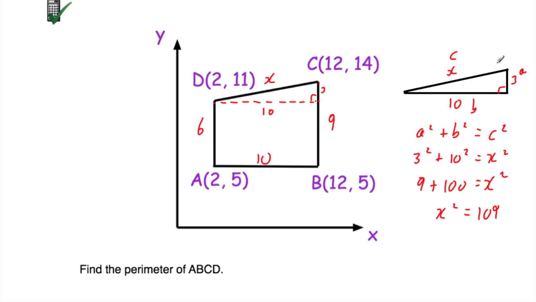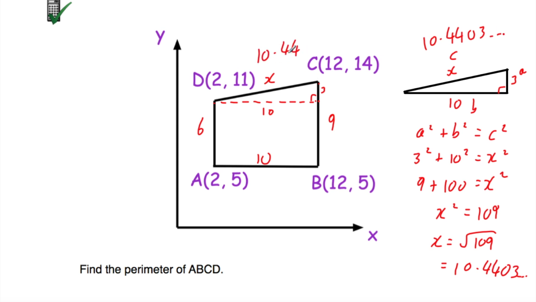So this side squared is 109, so that means that X is equal to the square root of 109. And if we square root 109 on our calculator, the square root of 109 is equal to 10.4403 and so on. So that means the length of this side here is 10.44 to 2 decimal places.